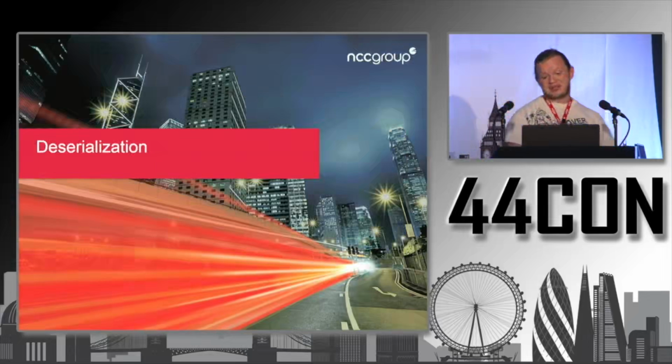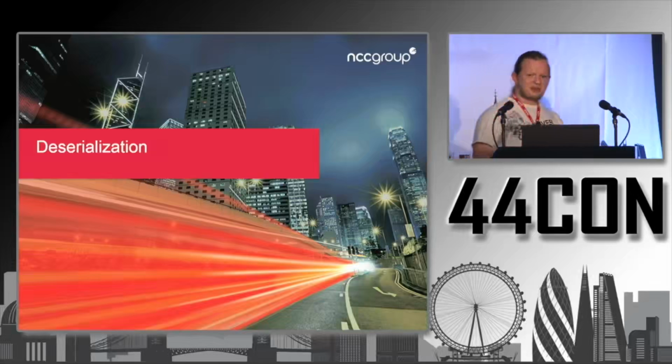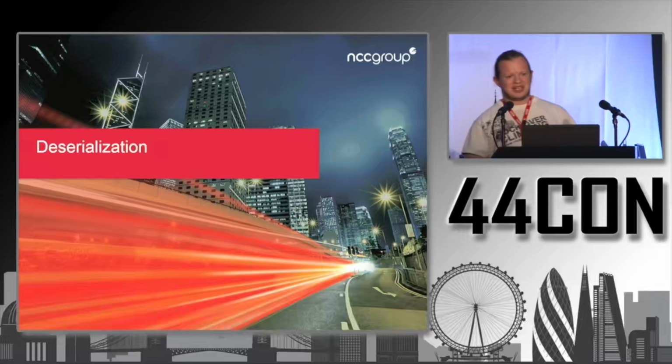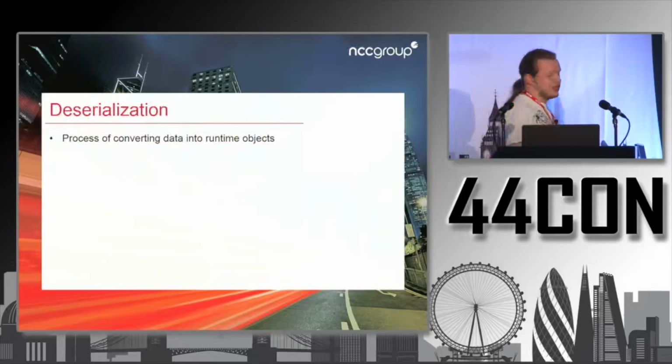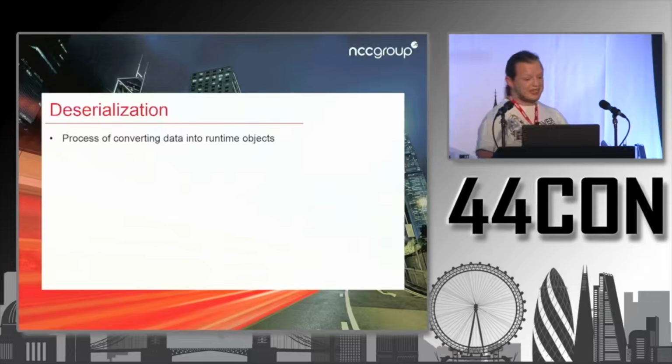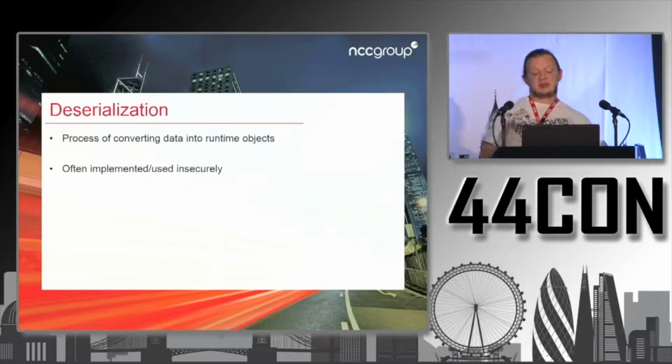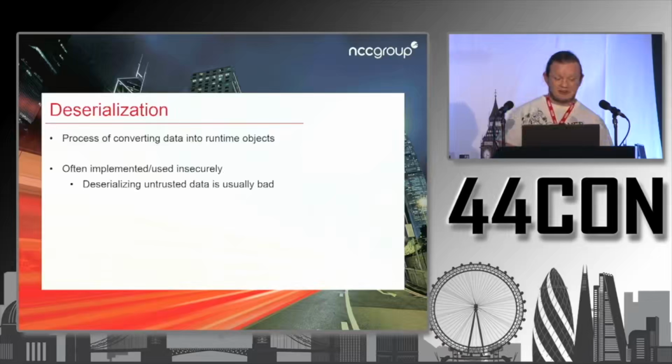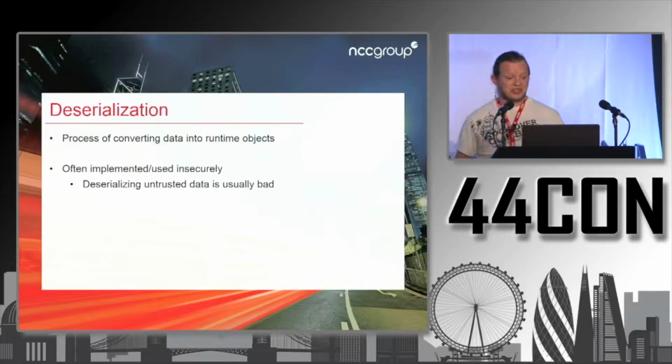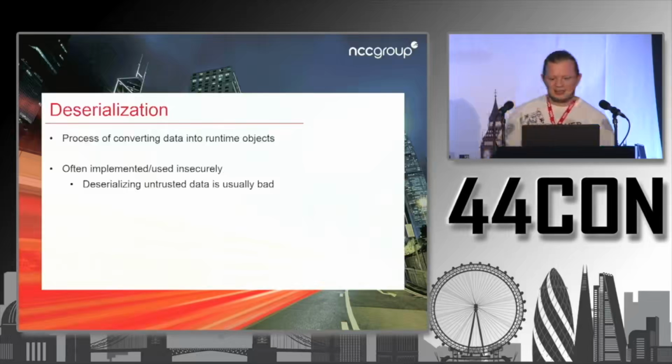So deserialization. Hands up if you are familiar with deserialization attacks, Java deserialization attacks. Okay, that's good. So deserialization is the process of converting data into runtime objects. It's often implemented or used insecurely. Generally, deserializing untrusted data is bad.